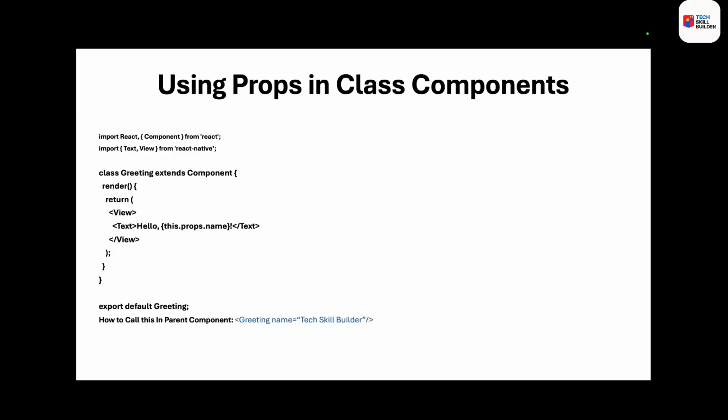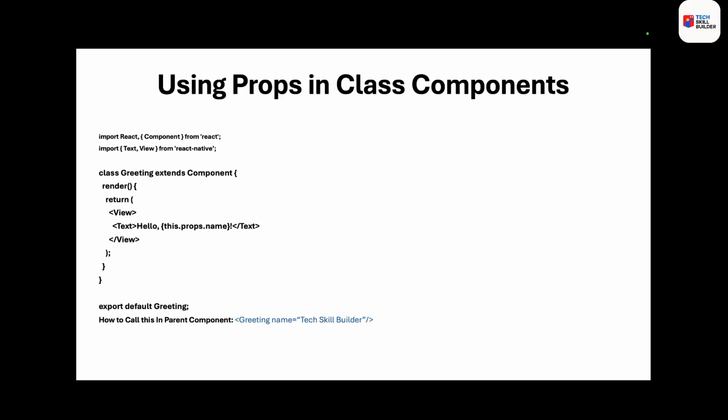That was props in a functional component. Now we'll see how to use props in a class component. We know the class which extends React.Component is your React component, otherwise it's a simple ES6 class. Here, class Greeting extends Component and in render, we are returning the view.